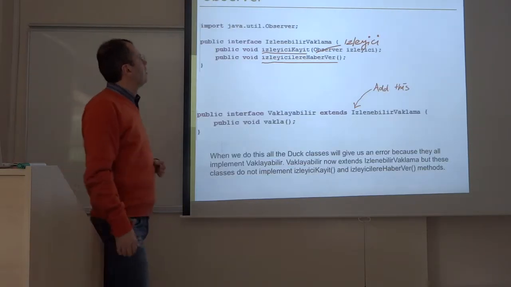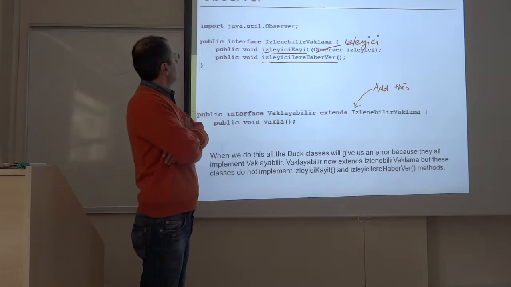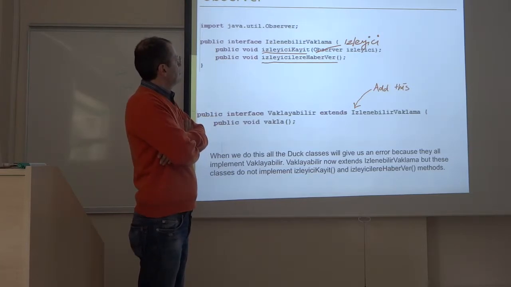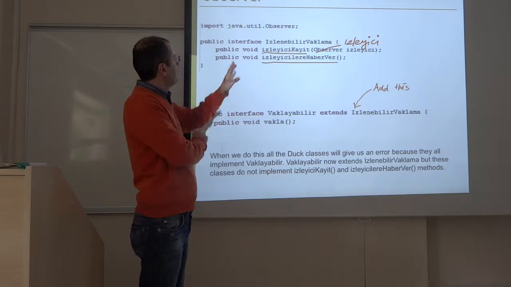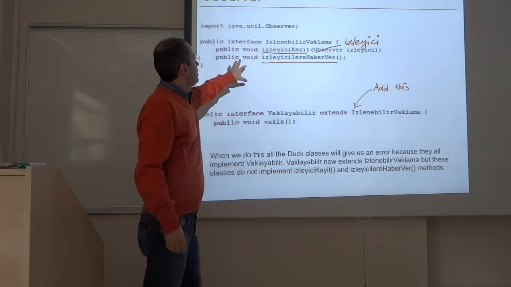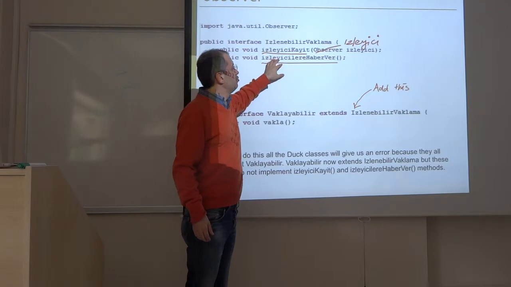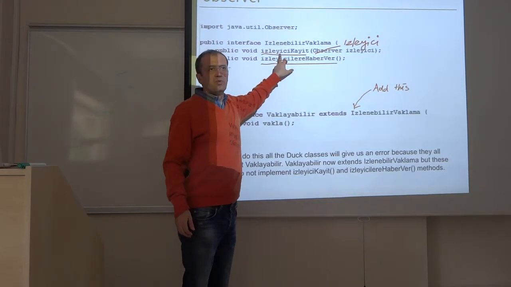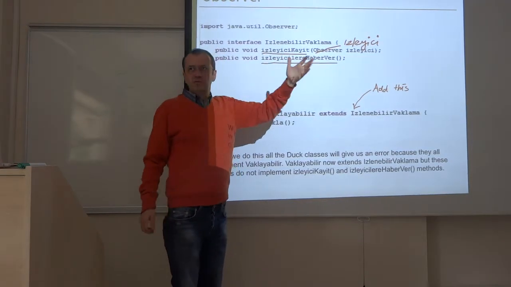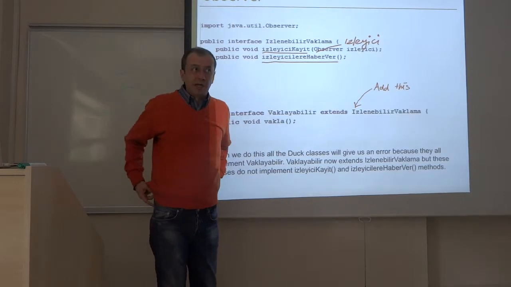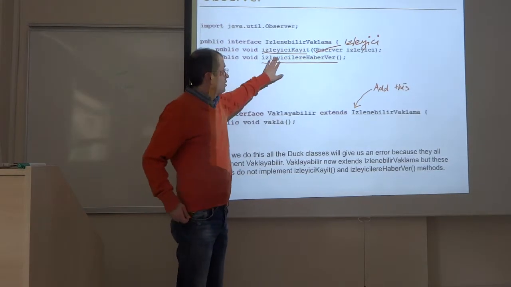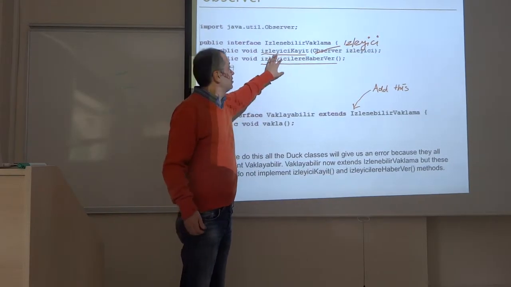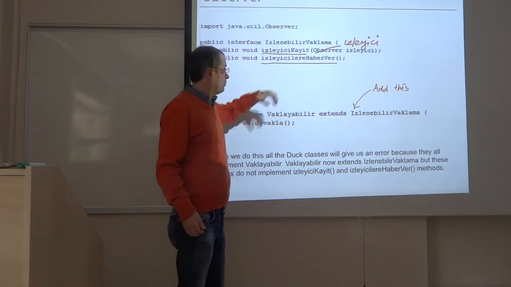So, in order to do that, we will have an interface, and we will have two functions. One is to subscribe, and the other one is the notification method. This is the subscription method, this is the notification method.